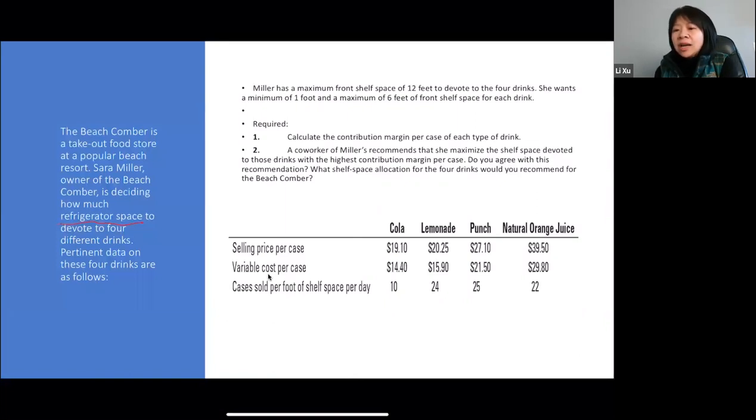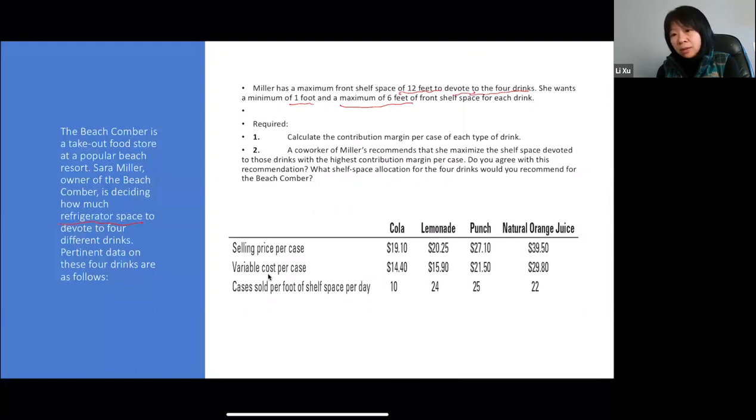Let's read more. There's more information here. You have a maximum space of 12 feet. Okay. So that's how much you can use for all the drinks. And for each drink, you need a minimum 1 foot, maximum 6 feet. It basically says she wanted to put all of them in the fridge, okay?